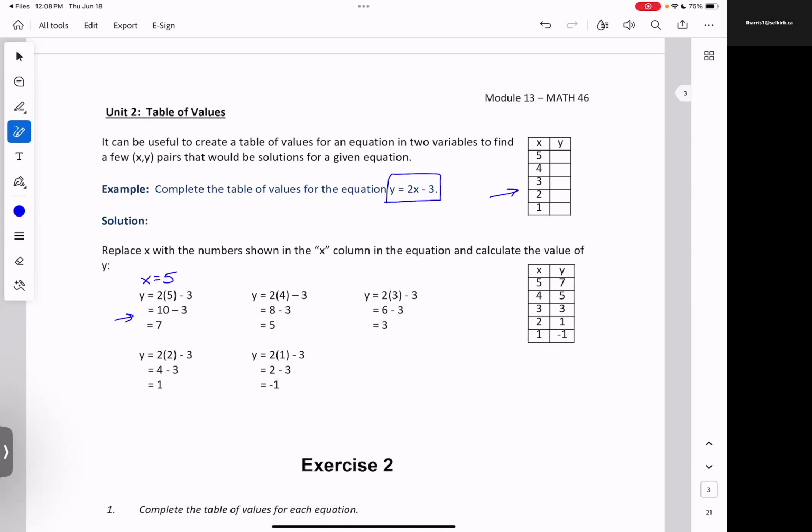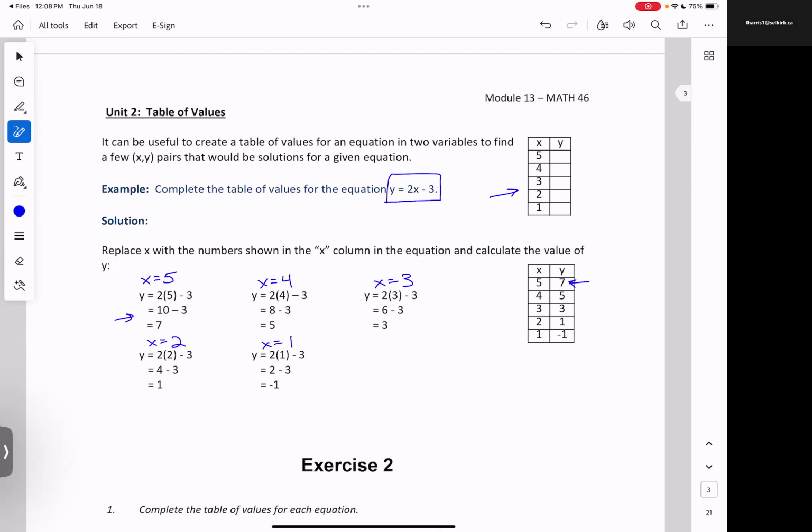And so they've substituted in a 5 for x, and they end up with a y value of 7. That goes here then, showing that 5 comma 7 is an ordered pair that would be a solution, and so on. So they've done x is 4, x is 3, x is 2, and x is 1.